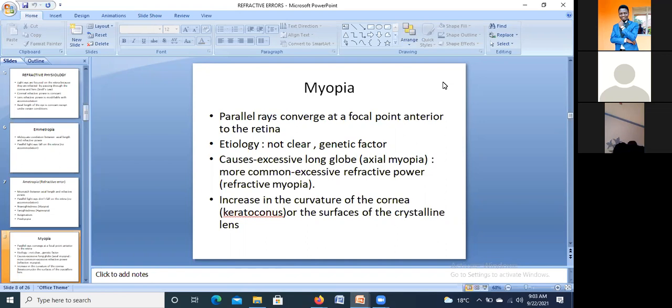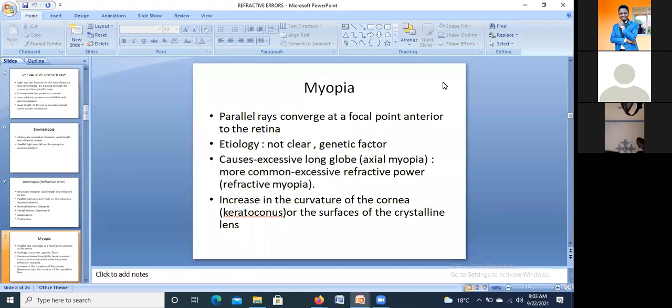The other cause, of course, is the size of the eyeball, which is what we call axial myopia. The eyeball is bigger than normal. And sometimes the refractive power of the eye is higher than normal, probably due to curvature.